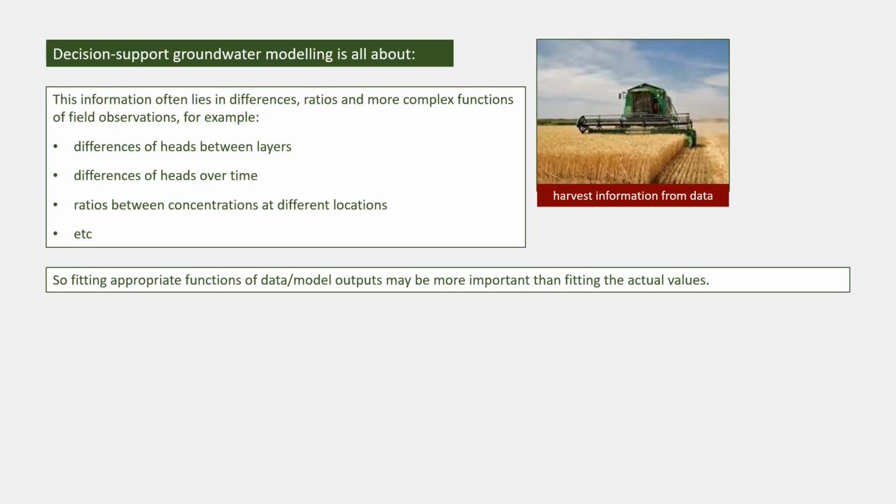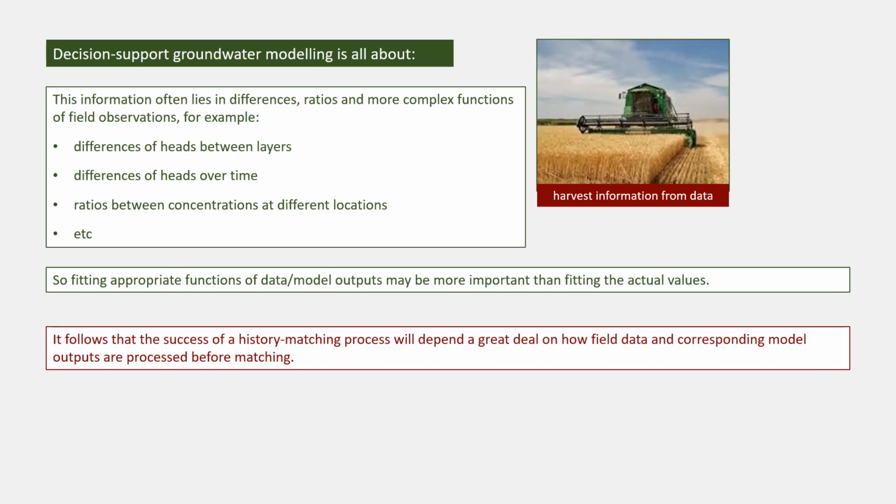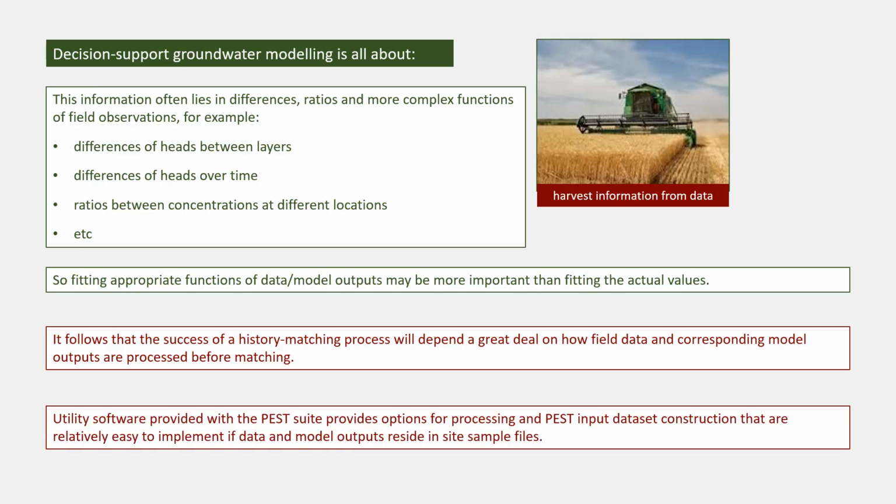So, what we match has an important impact on whether and how we extract information from field data. So the history matching process must be complicated enough to do that. And the software which we've described in this video allows you to do many of the things that are necessary to extract information from field datasets and include them in a complex inversion process.